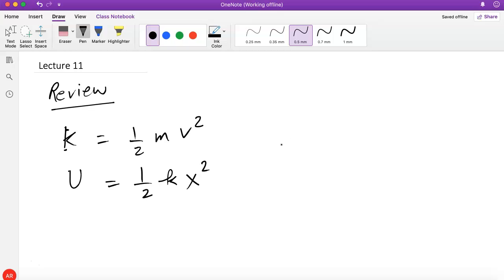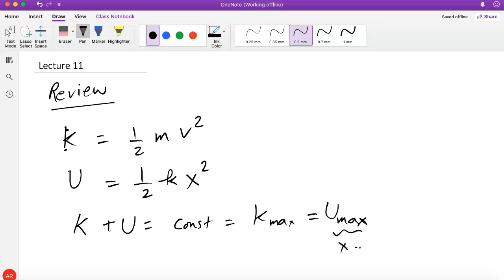And we had the energy conservation condition that K plus U is constant, and that's equal to K max, and that's equal to U max. So the maximum of the potential energy occurs when the kinetic energy is 0. That's at the turning point, when x is equal to plus or minus A. And the maximum of kinetic energy occurs when the potential energy is 0, and that's at x equals 0.